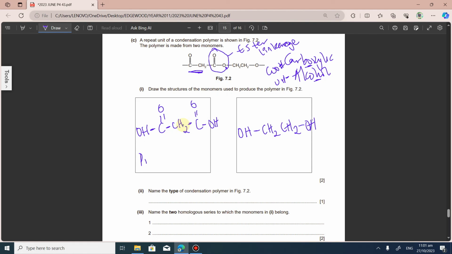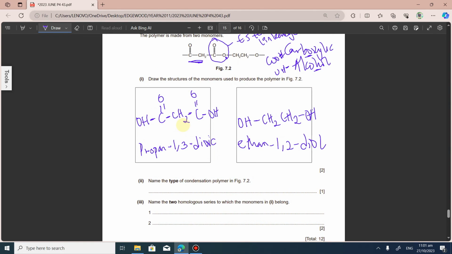It is propane-1,3-diol. So this is propane-1,3-diol, and then this one is ethane-1,2-diol. So these are the two monomers that came together to form the polymer.